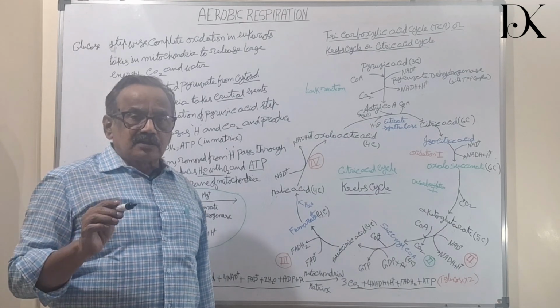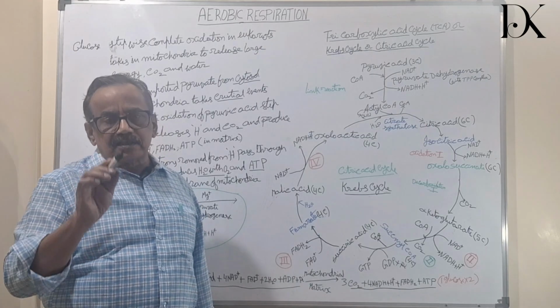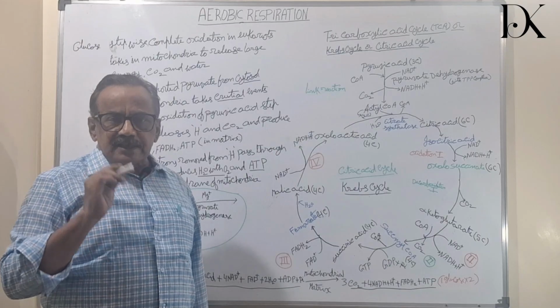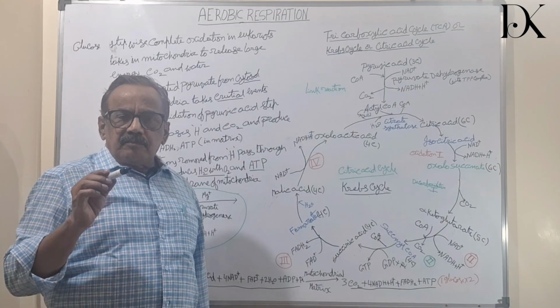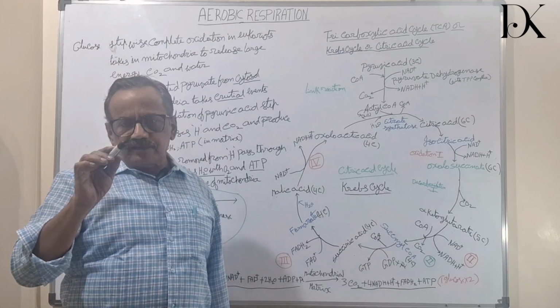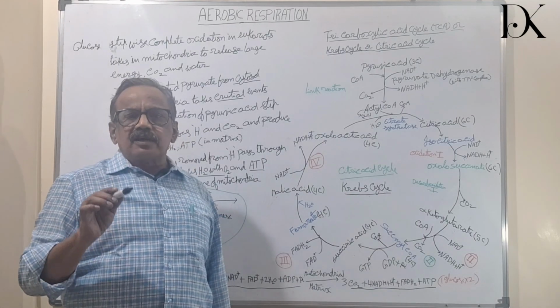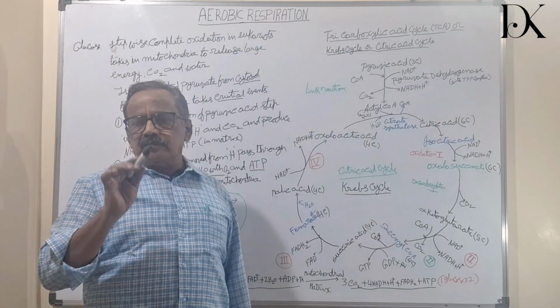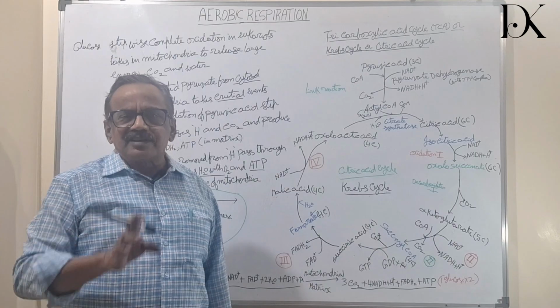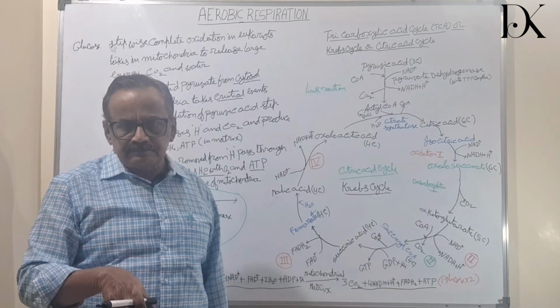Later on, I will start the second year syllabus, which is the principles of inheritance, then the molecular basis of inheritance and principles of biotechnology. Why did I choose these topics, which are very difficult?